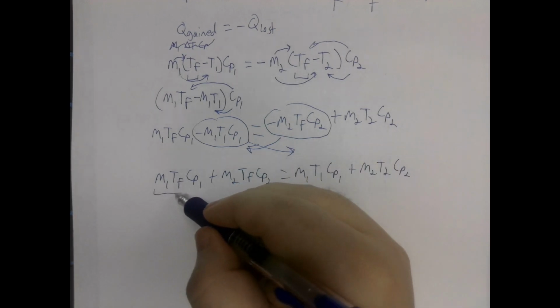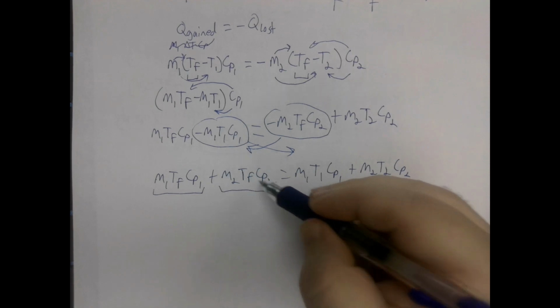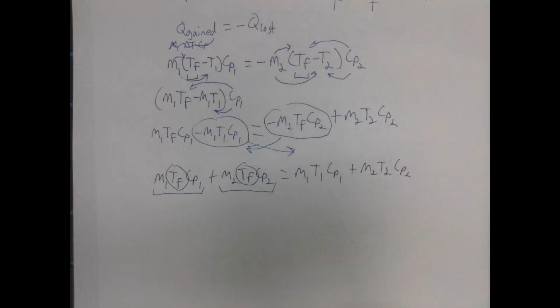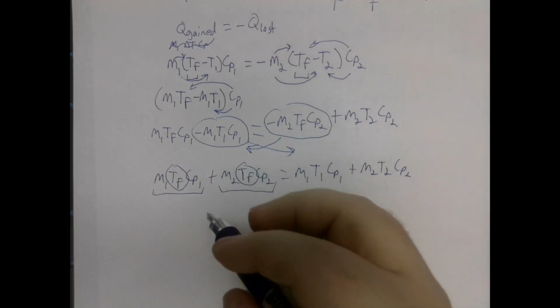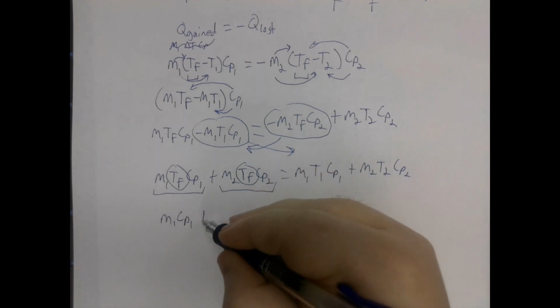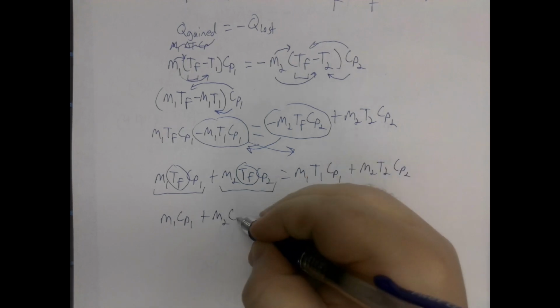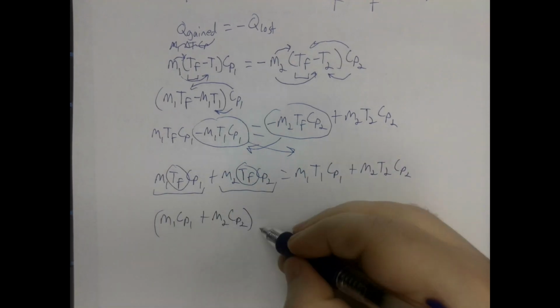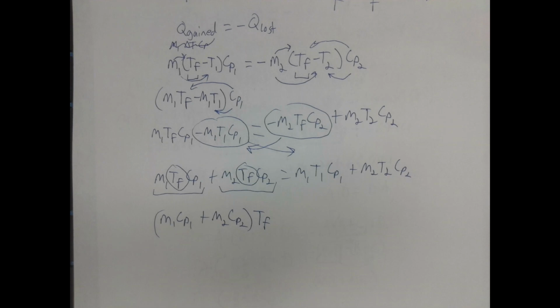These two terms share a common variable, which means I can pull out that variable. So this is M1 Cp1 plus M2 Cp2, and then put the variable on the outside of it.